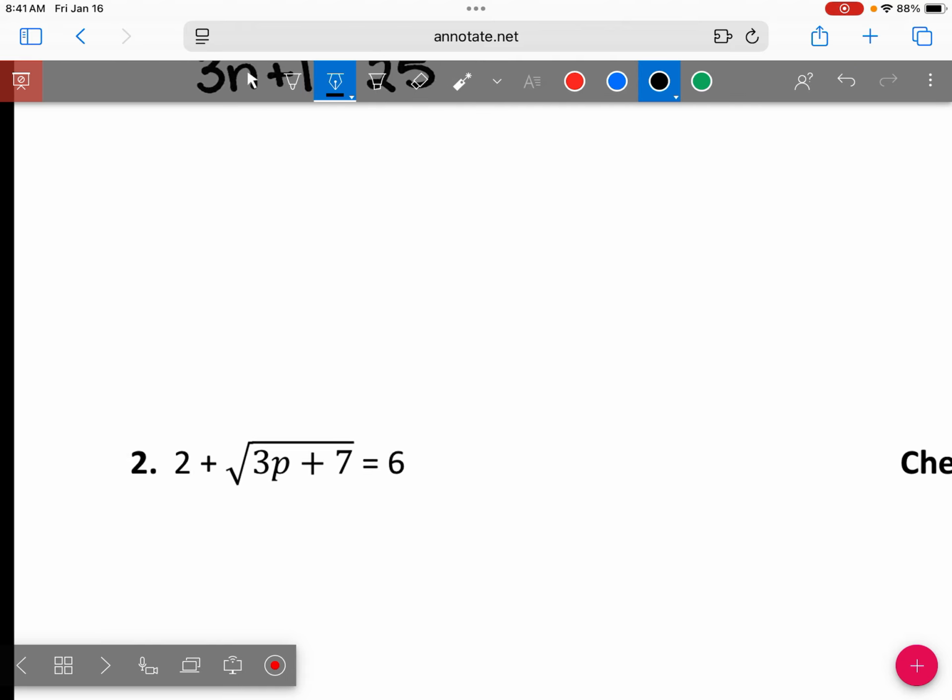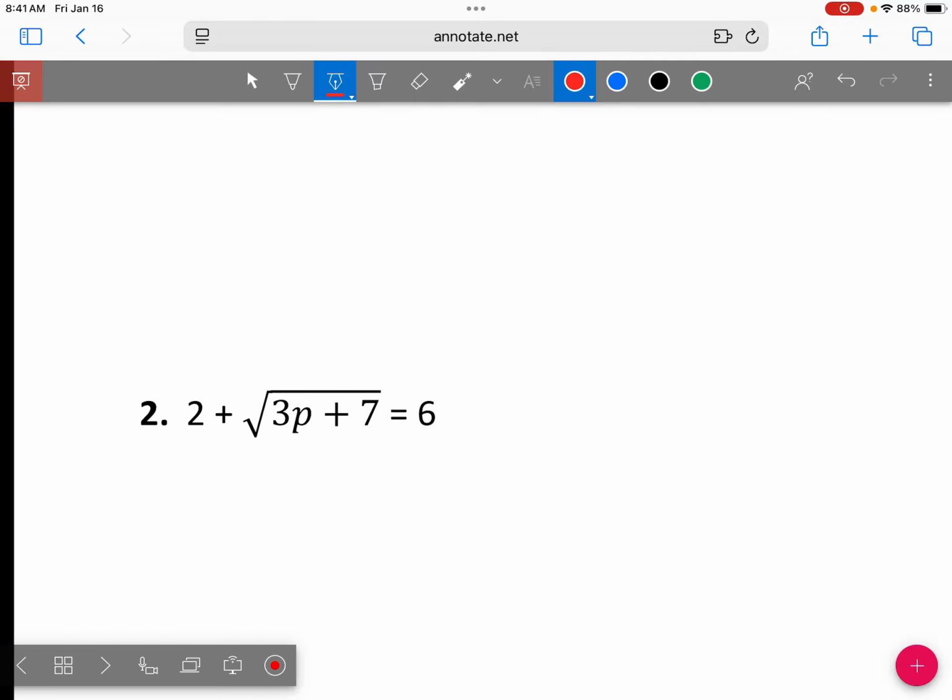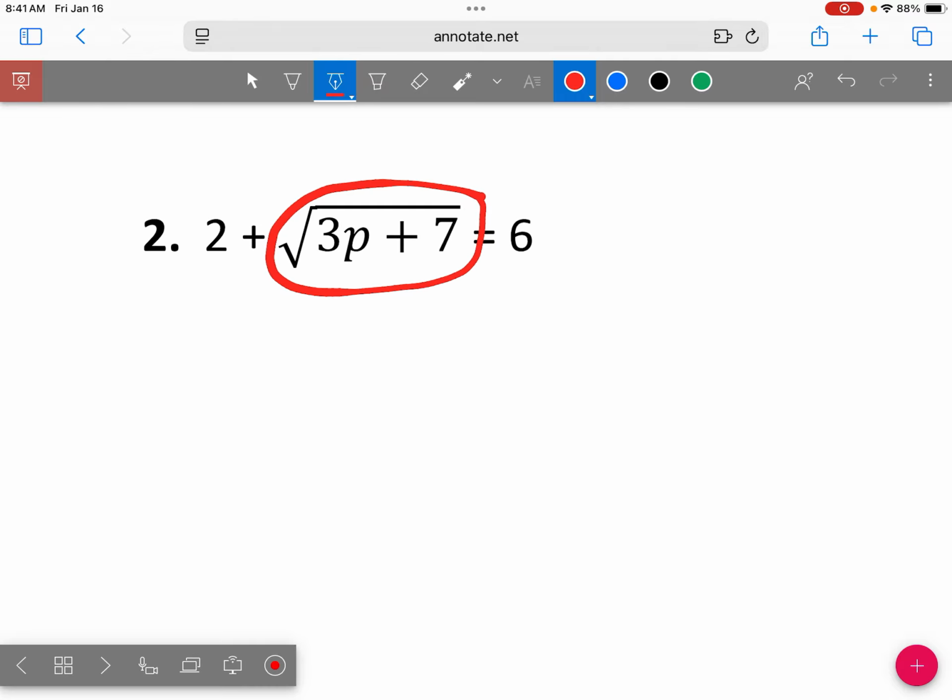Now let's look at number 2. We do have an imposter. Before we raise the roof, we have to get rid of this 2. How do I get rid of it? Not divide, because there's a plus sign. Subtract. Now, if it was leaning up on the radical, that would be division. It's not leaning on it, it's just in front. So we're going to subtract it.